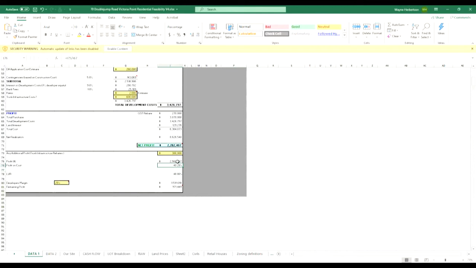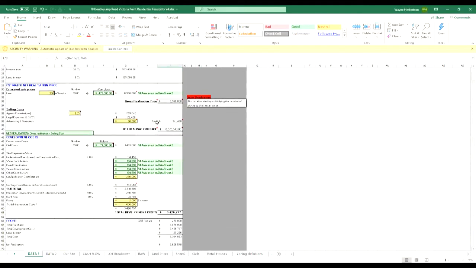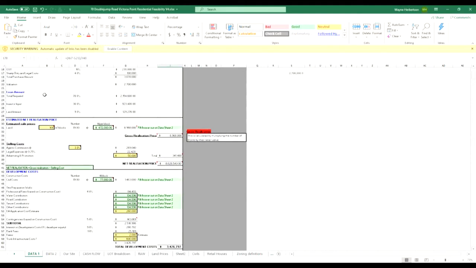How did you get the LVR? The LVR, yeah, how did you get that? Well, that's just the total cost minus the total loan amount required, because that's just your loan to valuation.